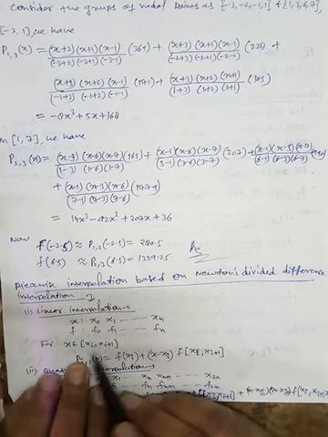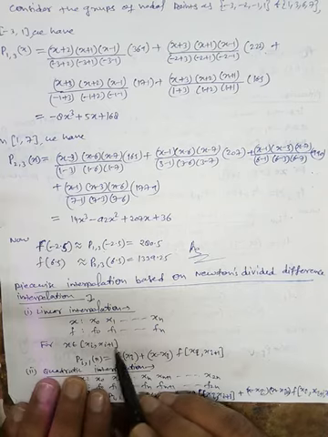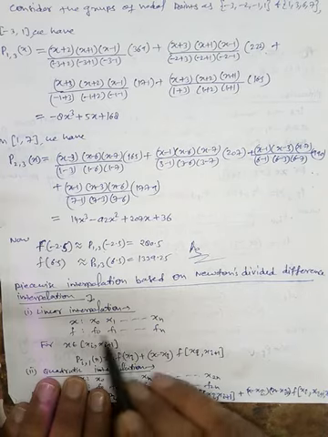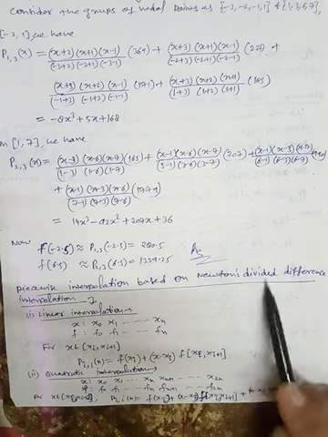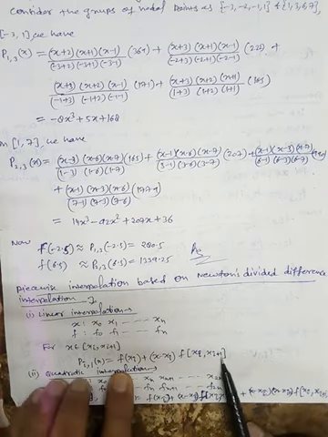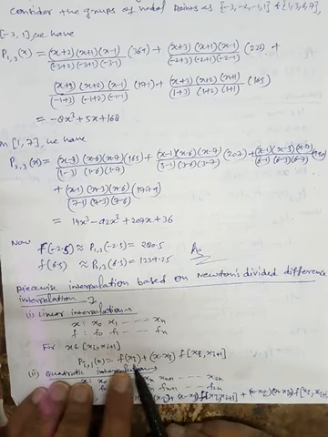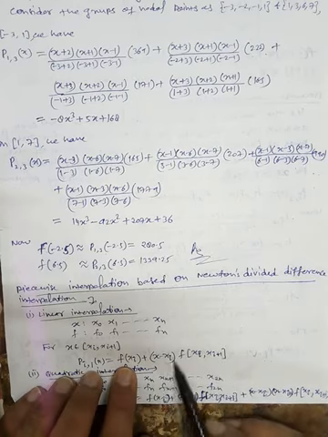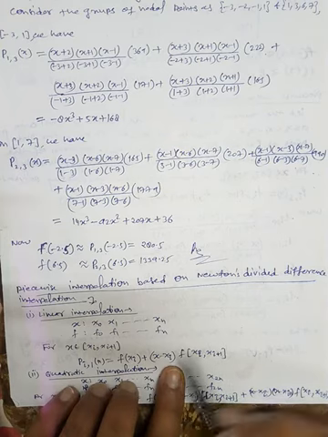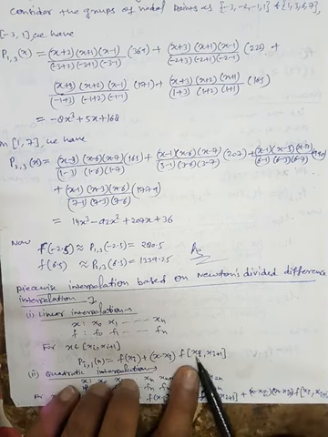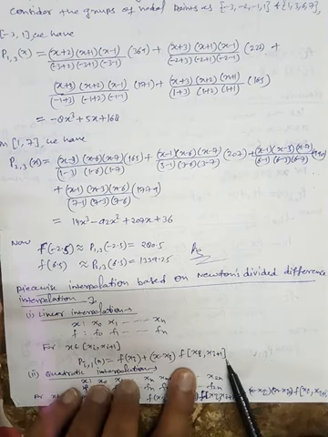Suppose we have the interval xi to xi plus 1 and we are finding the polynomial pi1 with the help of Newton's divided difference. This will be the formula, and we have already discussed the derivation: f of xi plus the factor x minus xi multiplied by the first order divided difference f at xi, xi plus 1.